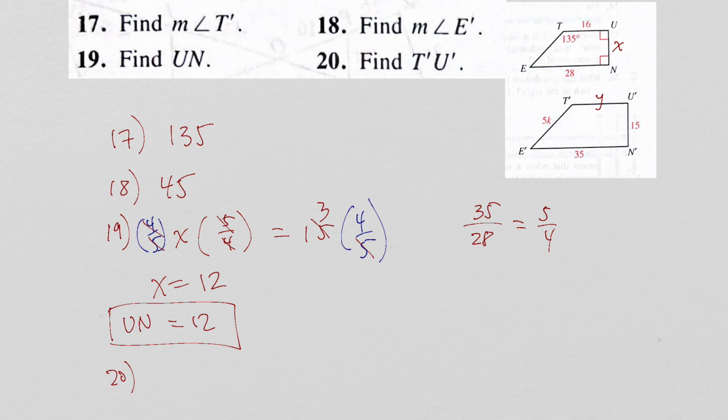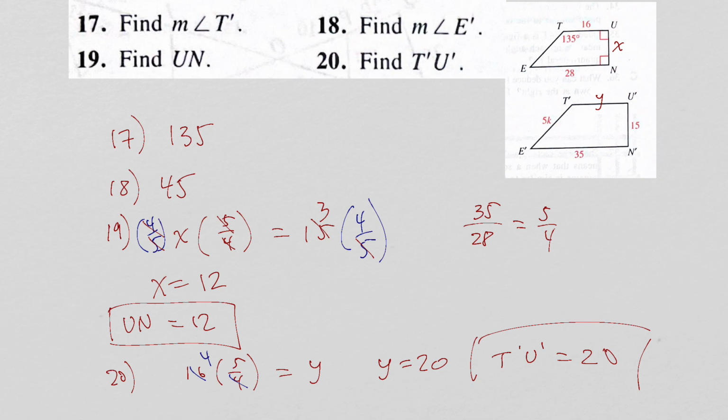So 16 times our scale factor of 5 over 4 is equal to y. We'll cancel here. 4 goes into this 4 times, so y is 20. And that's what T prime U prime is. So T prime U prime is 20.